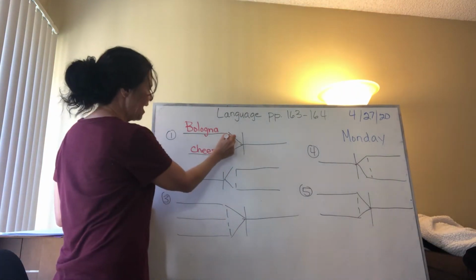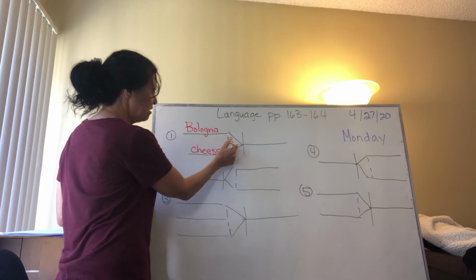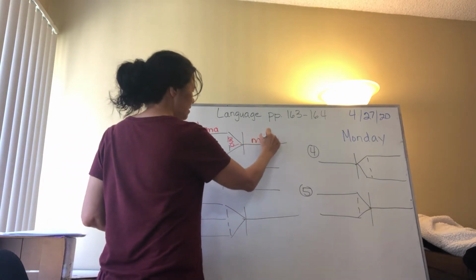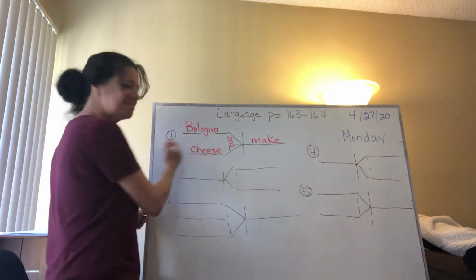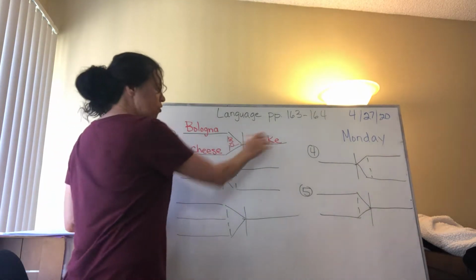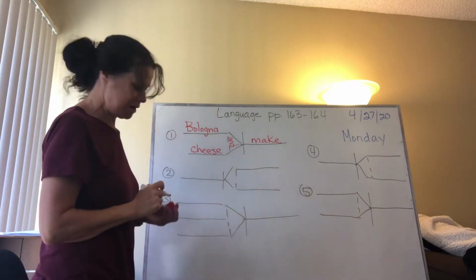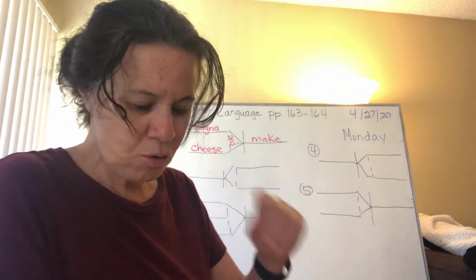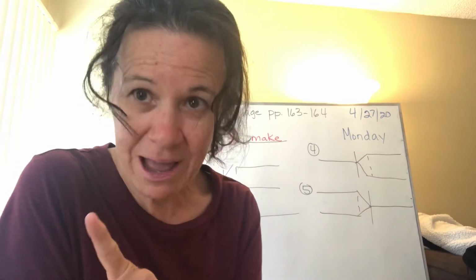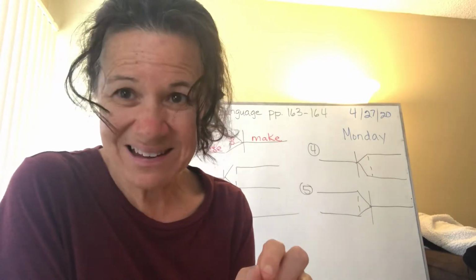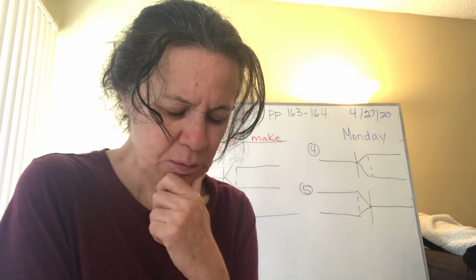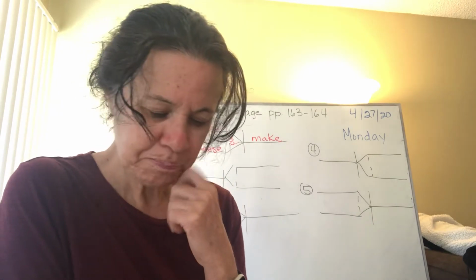We write the word and on the dotted line in the triangle, and we write our verb make to the right. So we have subjects on the left, verb on the right. Okay? So fill in yours. Now, capitalize the word bologna, not because it's a proper noun, but in this particular sentence, it is the first word in the sentence. Okay? So capitalize that.